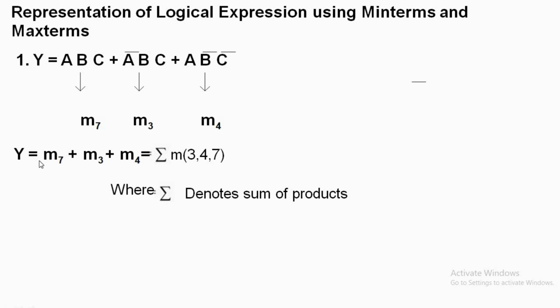So, Y is equal to m7 plus m3 plus m4, and that can be written as a summation of small m. This m indicates min terms, which contain 3, 4 and 7. In this way we can write down min terms from the logical expressions.